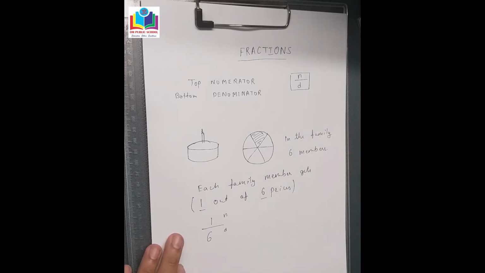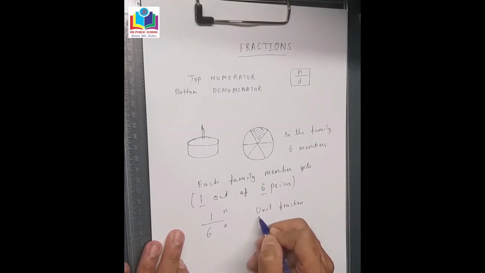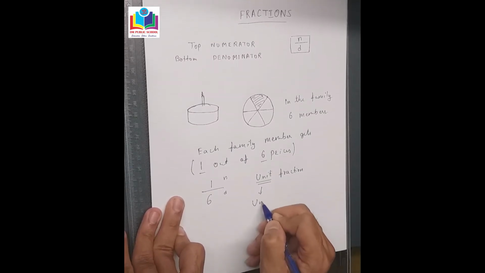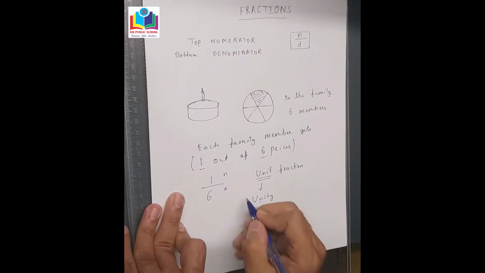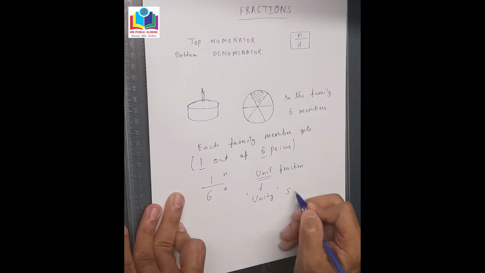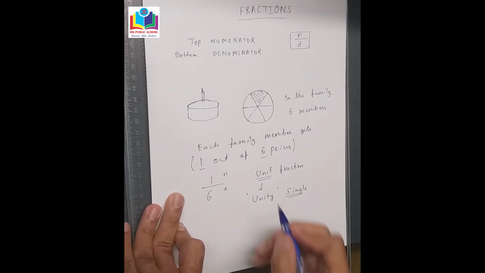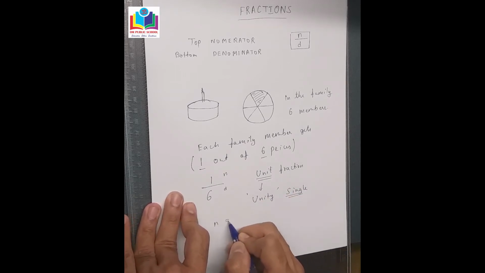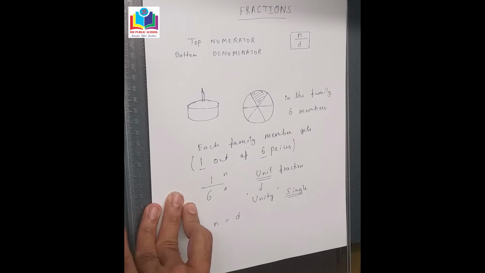Okay. Now, let us understand what a unit fraction is. The word unit is derived from unity, which means single. So in unit fractions, the numerator is equal to the denominator.